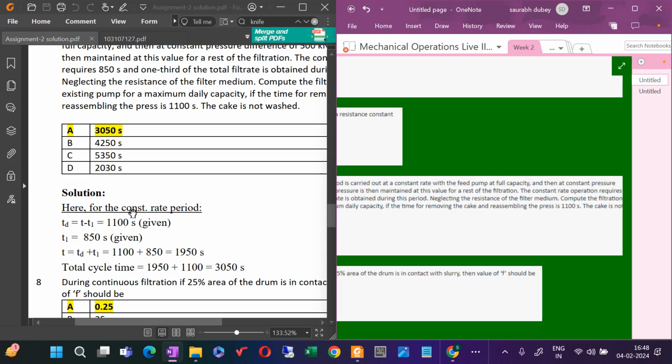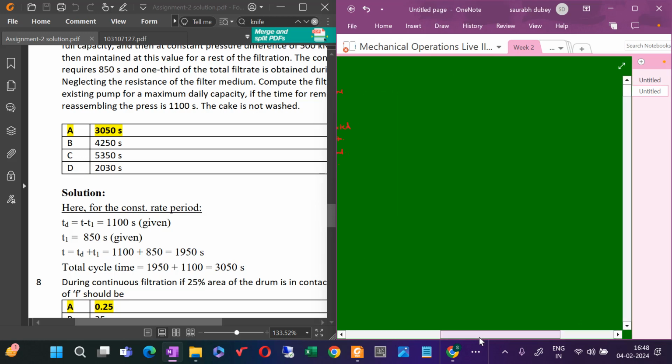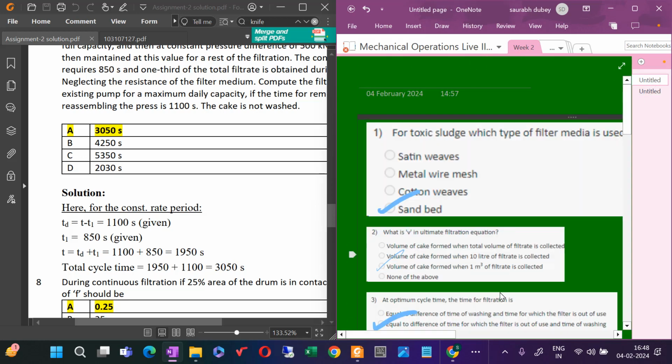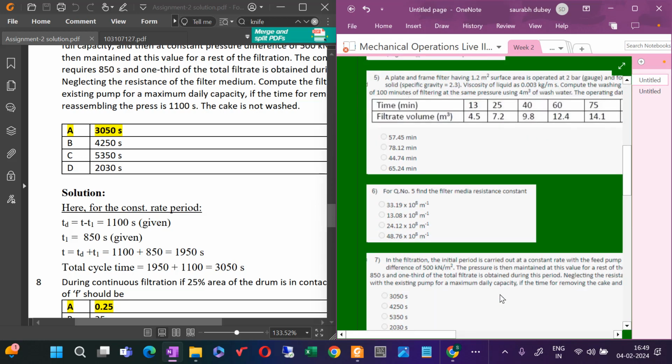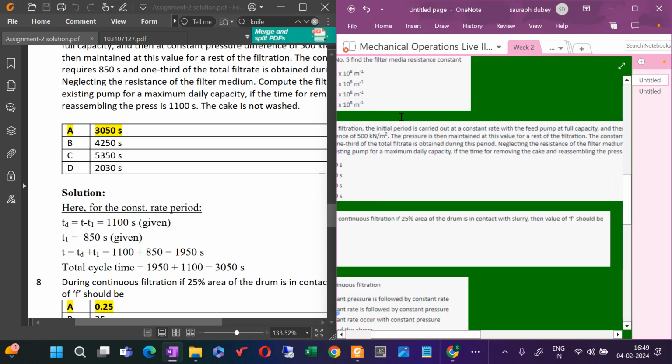So the rest time is 1100, meaning t minus t1 is the rest of the time. So for the maximum daily capacity, what has to be the condition?